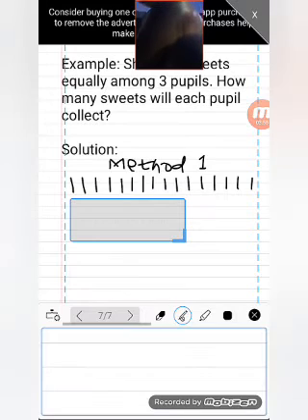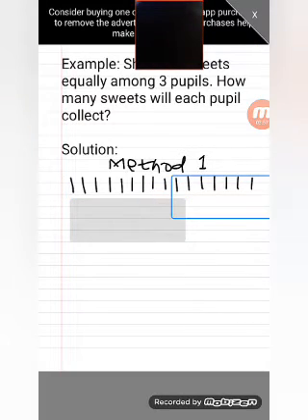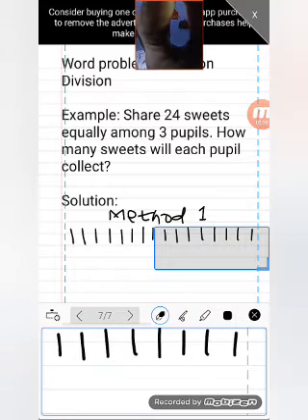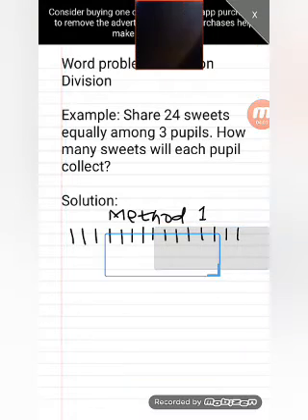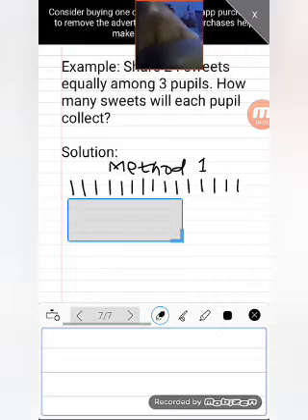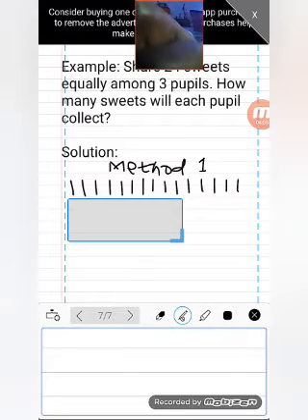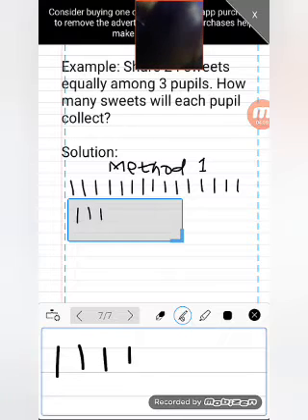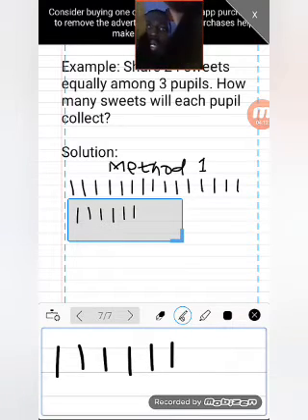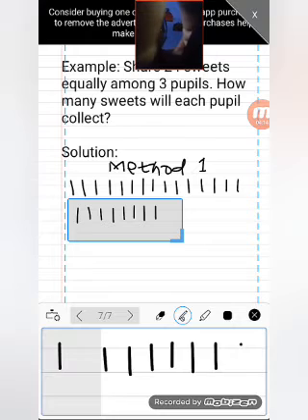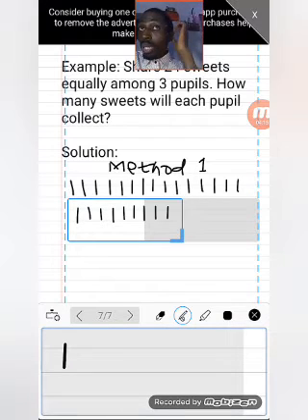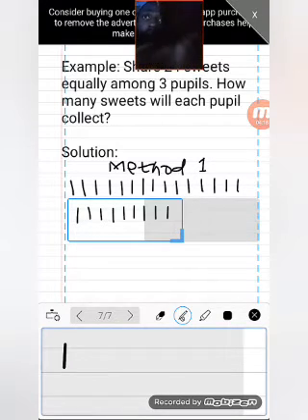Or let's remove that 16 because of the space; let 16 be here. 17, 18, 19, 20, 21, 22, 23, 24. That's 24. Now, let's group.